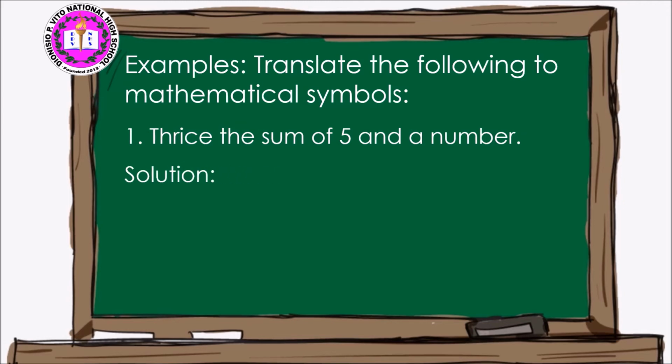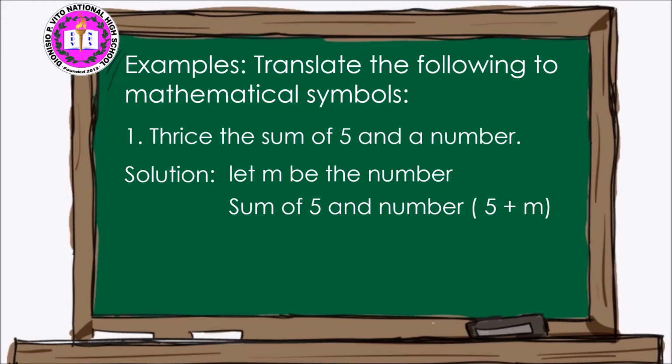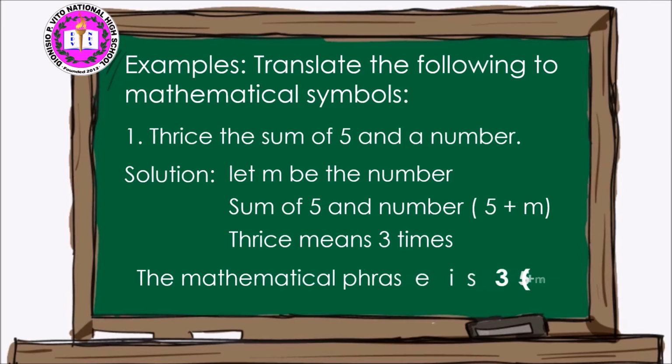Our solution, let m be the number. Sum of 5 and number, so we have 5 plus m. Then thrice means 3 times. Therefore, the mathematical phrase is 3 times (5 plus m).